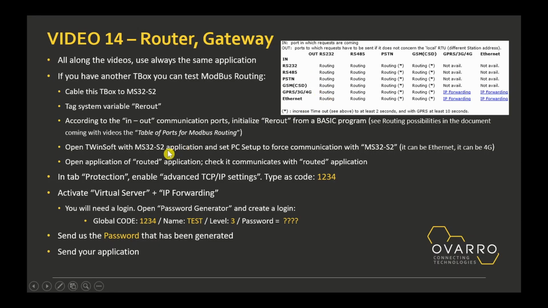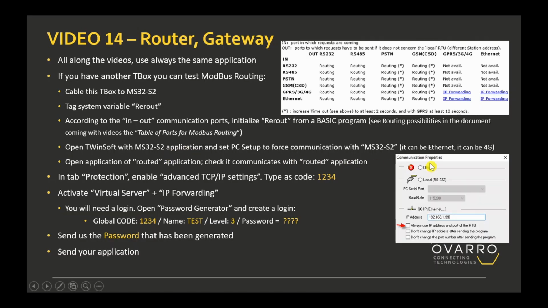Then you send this program to the MS-CPU32S2, and in PC setup you force the IP address to communicate with this T-box to make sure that when you open the routed application it will use this IP address. Then you open the routed application and you check that it communicates properly.